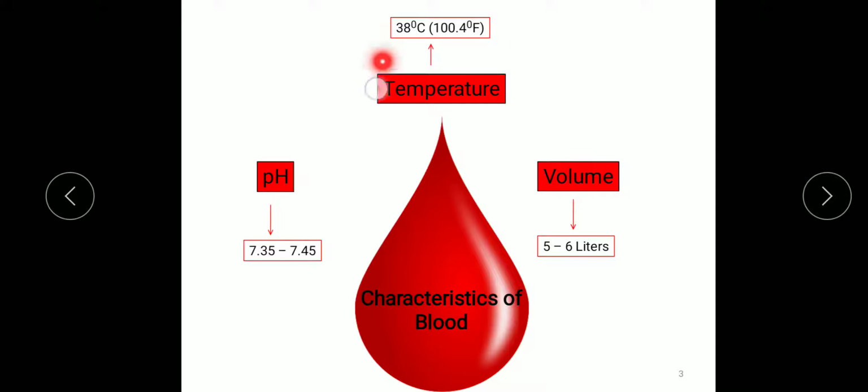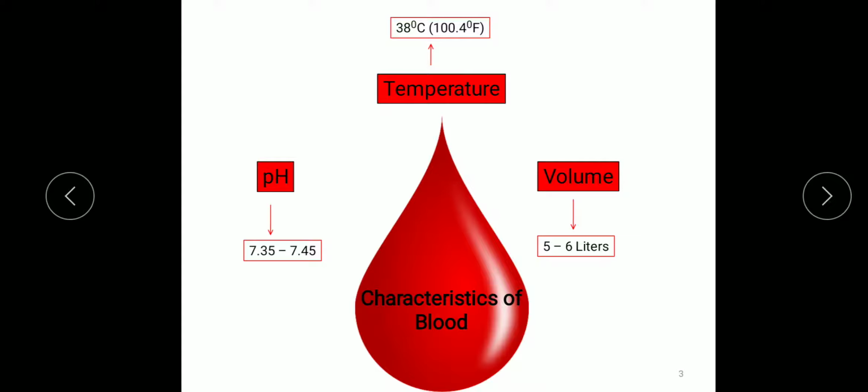The temperature of blood is 38 degrees Celsius, about 1 degree higher than the oral and rectal temperature, and it is slightly alkaline with pH ranging from 7.35 to 7.45. Blood constitutes about 20% of extracellular fluid, amounting to 8% of total body mass.